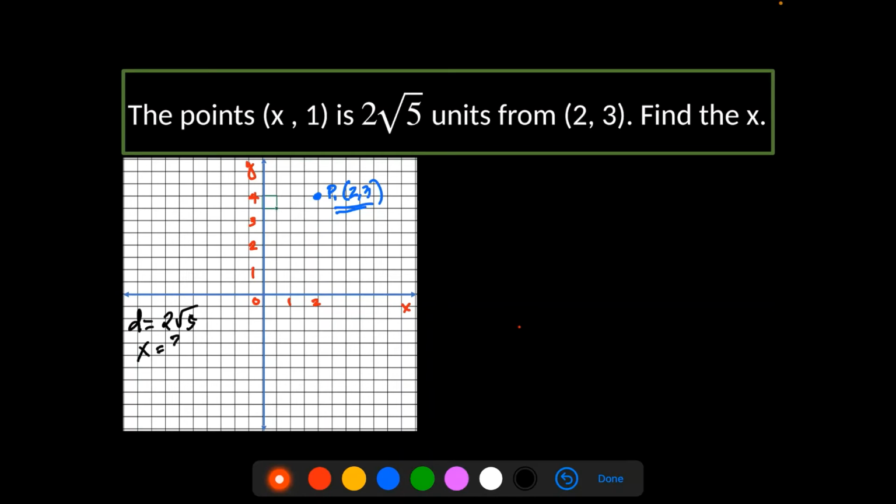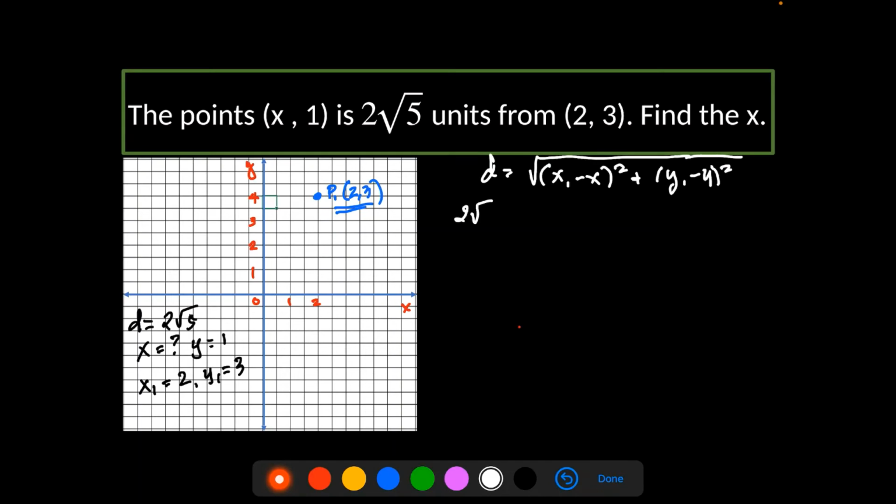And we have x sub 1, or x, which is the unknown, and y sub 1, which is 1, and we have also x sub 2, that is 2, and y sub 2, which is 3. Okay, so substituting this to our formula, distance equals the square root of (x sub 1 minus x sub 2) squared plus (y sub 1 minus y sub 2) squared.